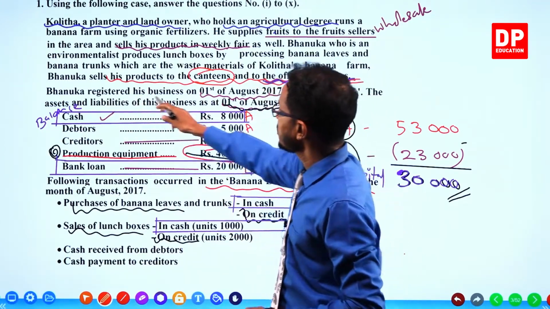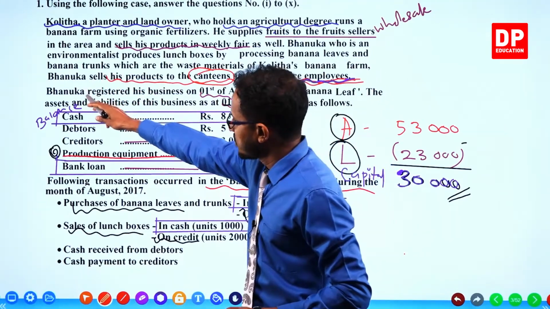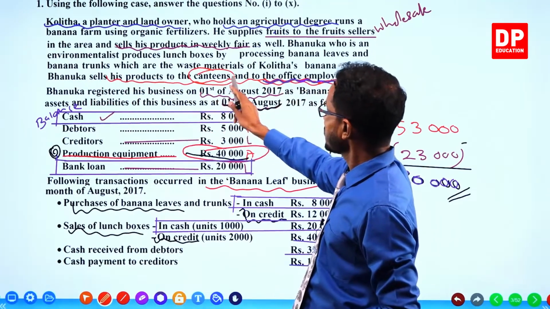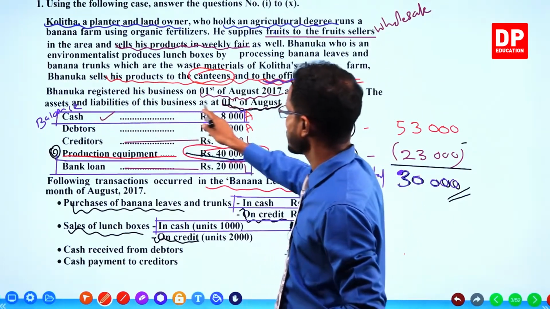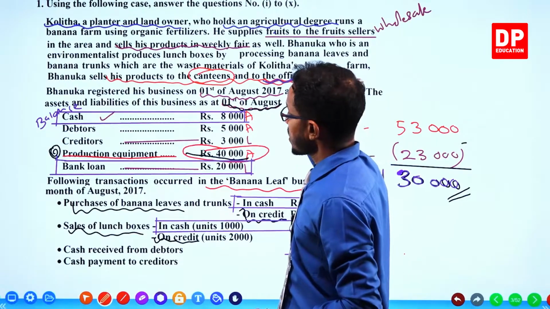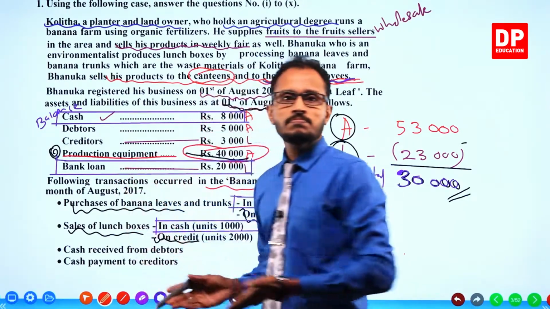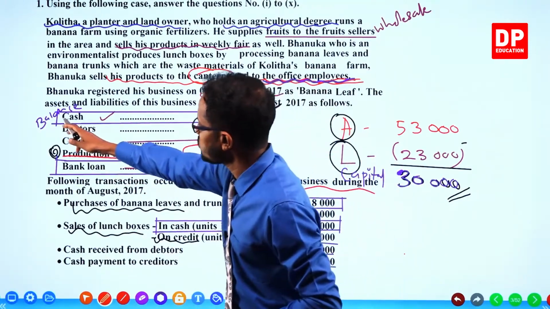We read this like 10 times today. The assets and liabilities of the business as at 1st of August are given. This is already there.